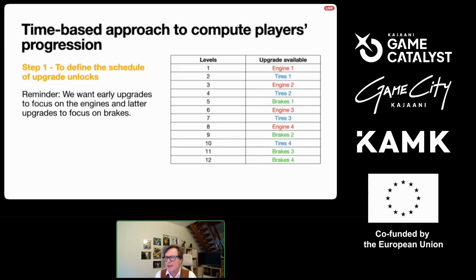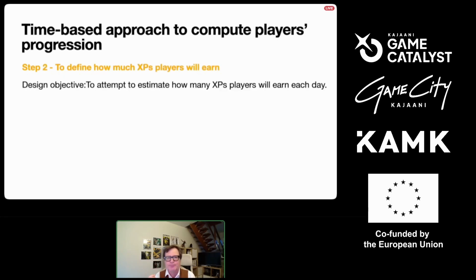You see that you've got 3 engine upgrades within levels 1 to 6, and the brake upgrades tend to be available later on. Again, that reflects my choice as the game designer. This is the first step: to build this schedule of introduction.